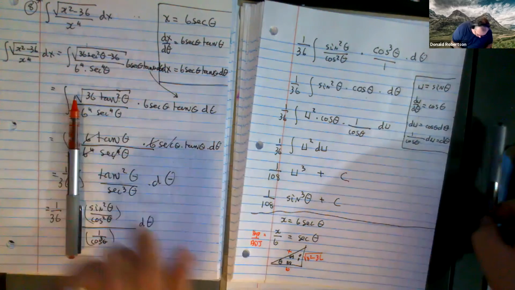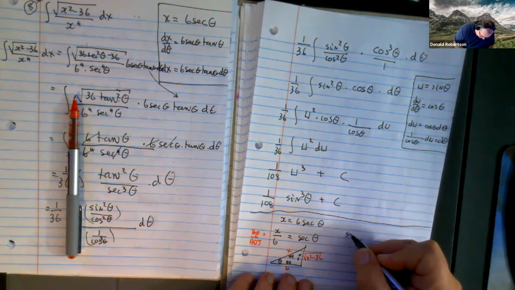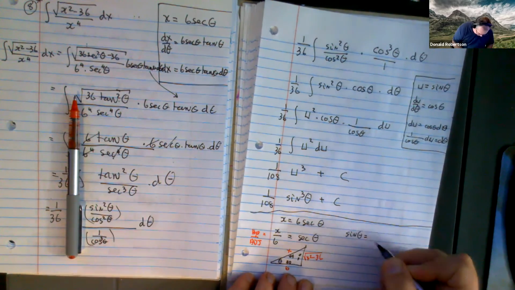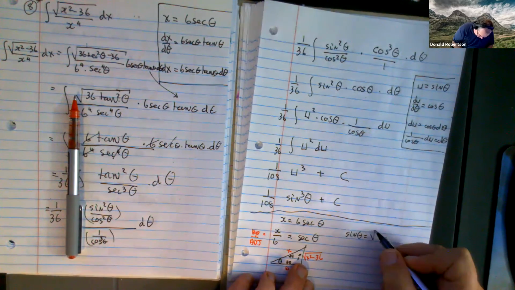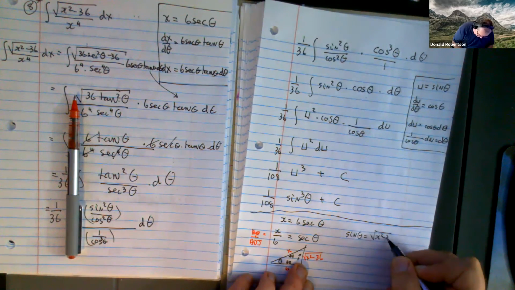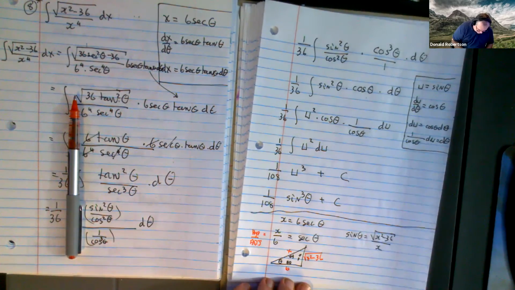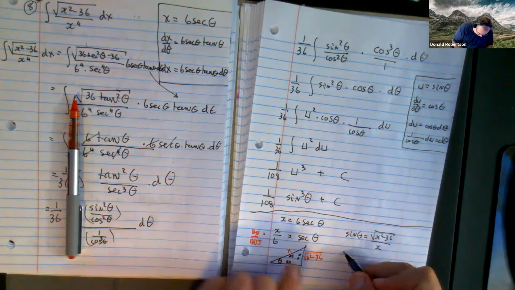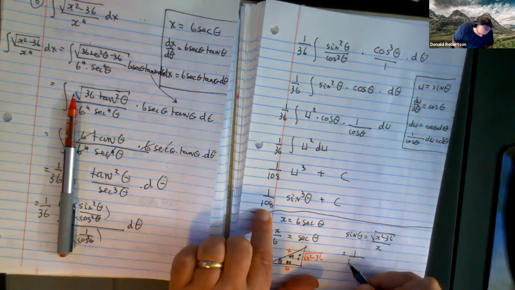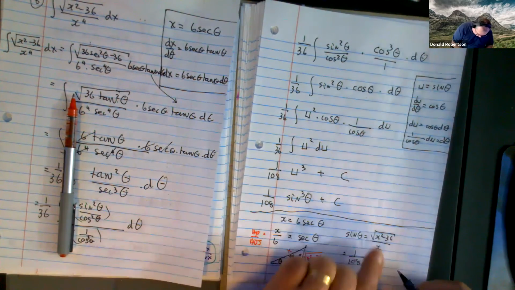And in this question, I really only need to find out what sine theta is. And sine theta is opposite over hypotenuse. And so the answer, which is this one here, is 1 over 108, this guy cubed.